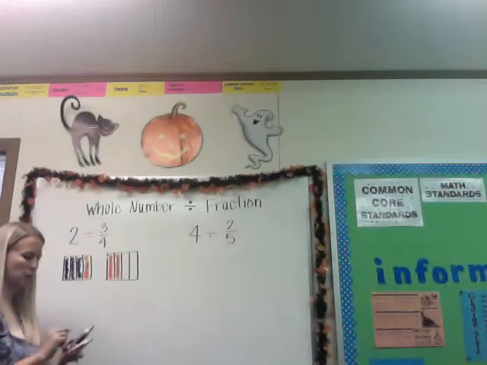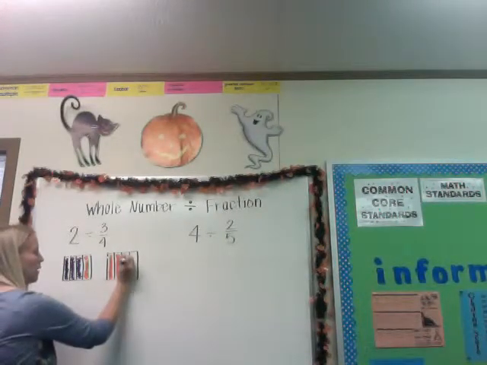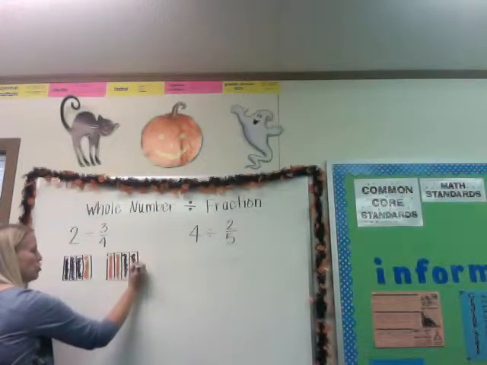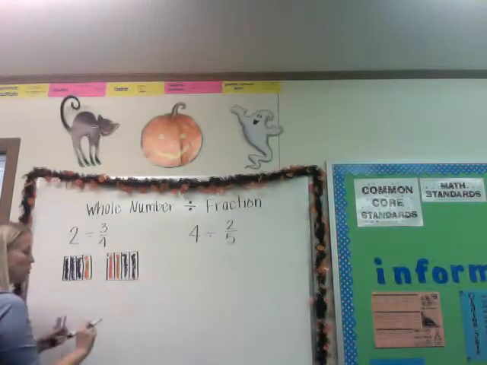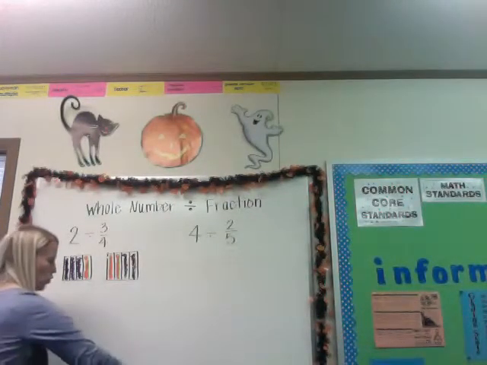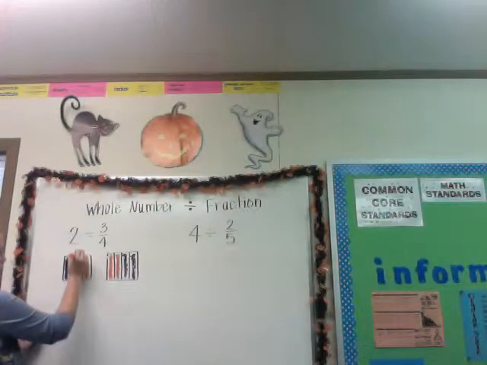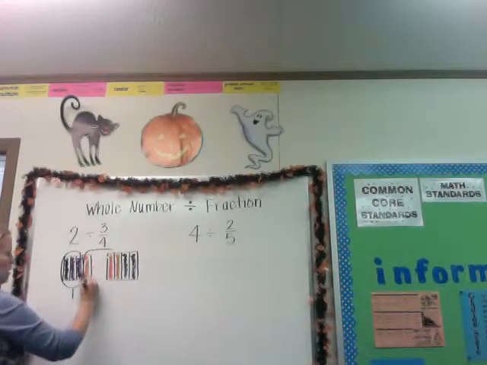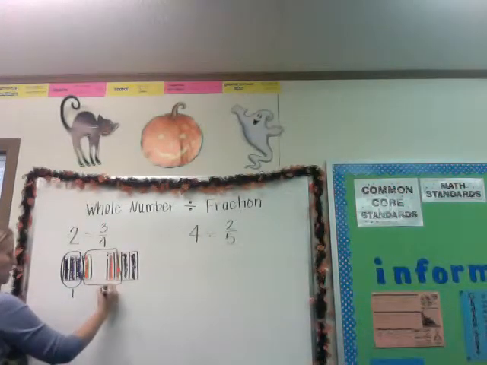Okay, now I'm going to go back to purple. And I have 1, 2. I don't have quite enough to do a full one, so I'm going to leave it at that. So I have 1 full group of purple right here. I have 1 full group of orange right here.